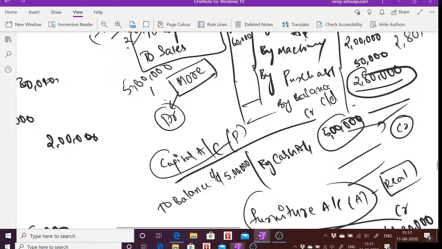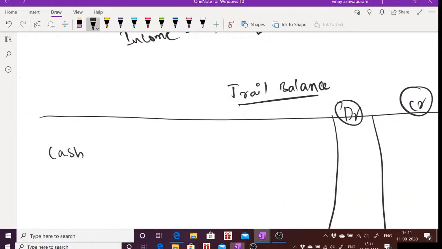Here it is, 2,80,000. The closing balance of cash was 2,80,000. It is on the debit side. It's more on the debit side.